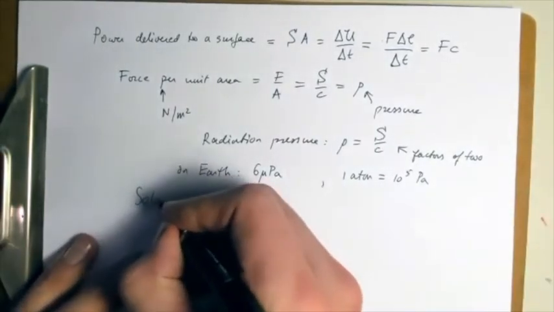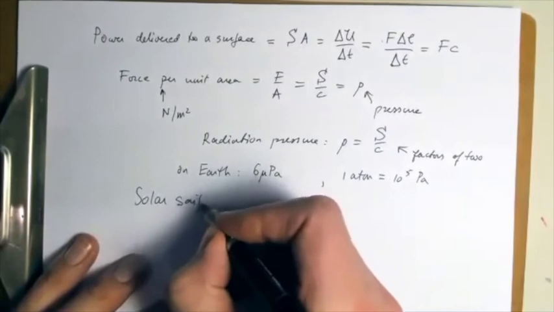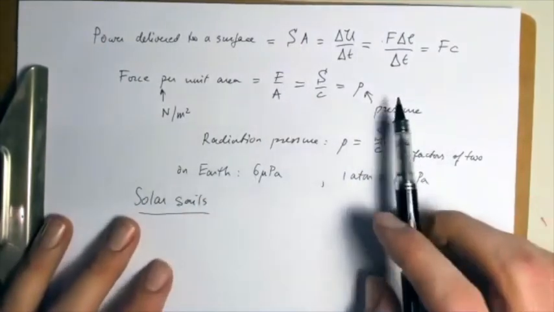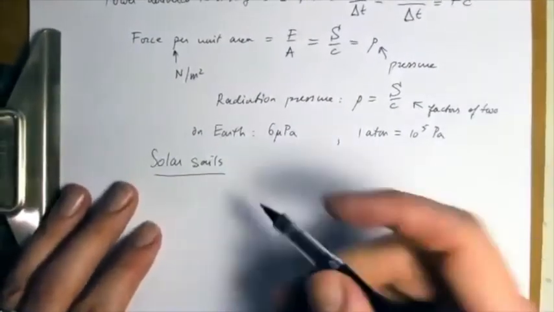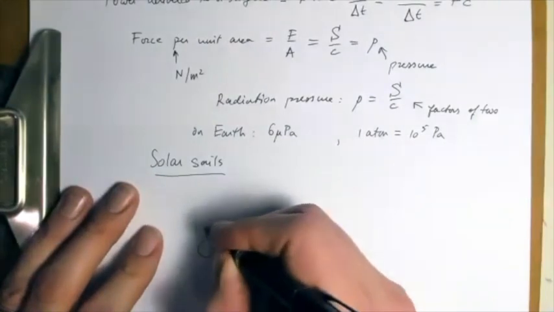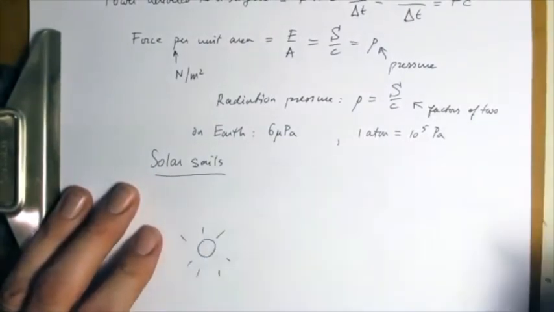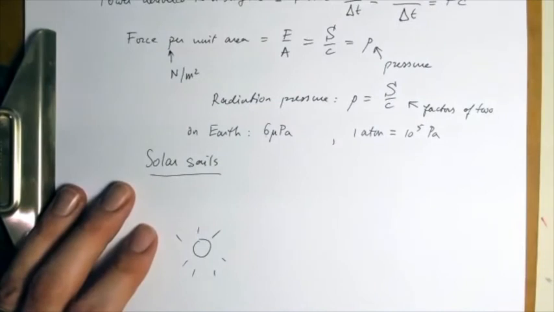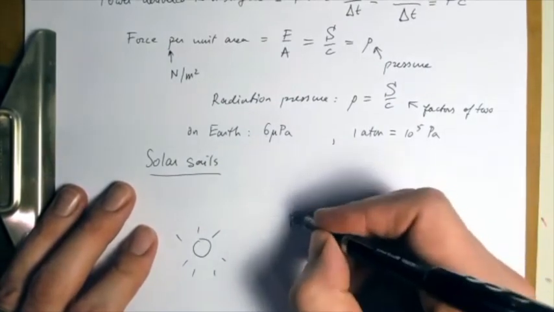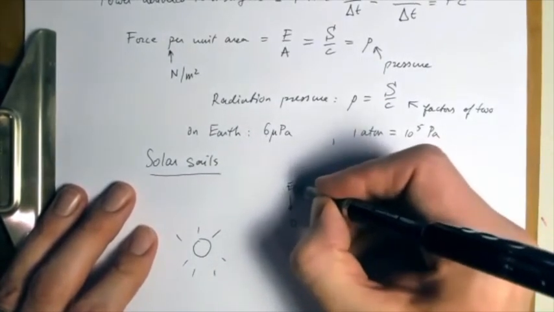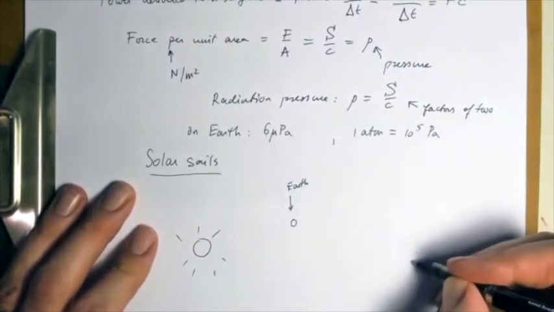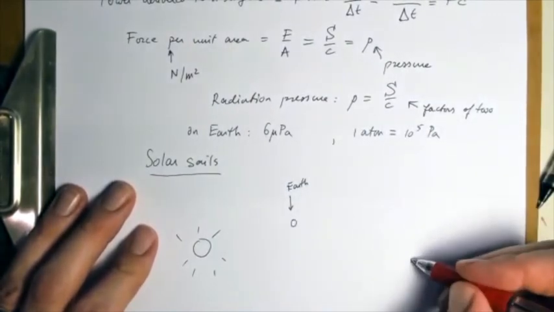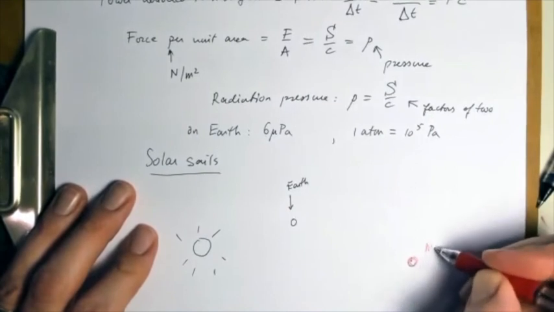What is a solar sail? Well, imagine that you're in space, right? So you have the sun here. And now, let's say you want to go from Earth, so this is Earth, to Mars. Oh, Mars is the red planet. Here we go. Mars.